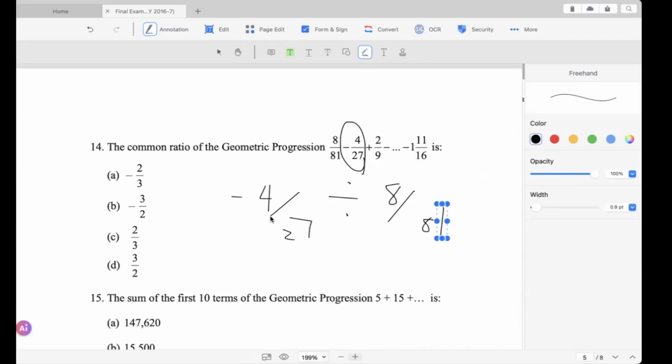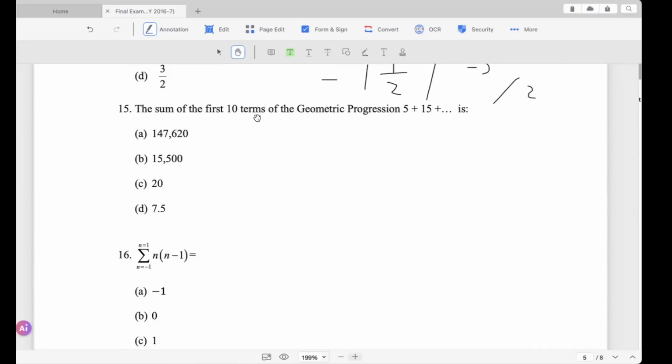So minus 4 ABC 27 divided by 8 ABC 81. And that's going to give me minus 1.5, which is the same thing as saying minus 3 over 2. So your answer is going to be B.